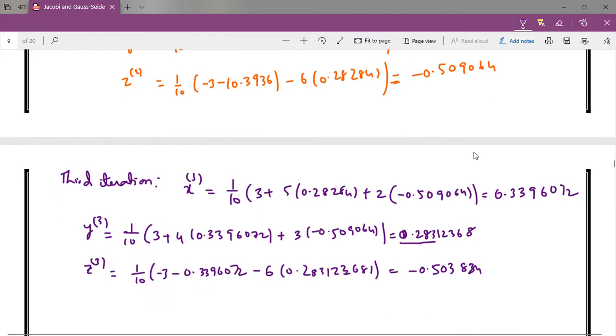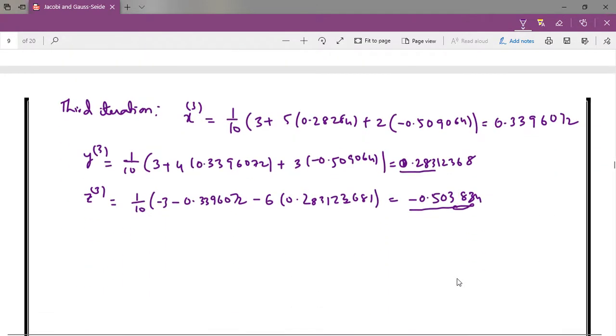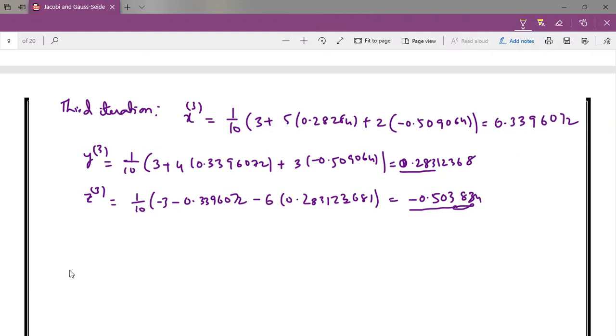Now let us concentrate on z2. z2 is minus 0.509, whereas it is 0.503. So still the convergence is required. So let us go for one more step. Then I think we may arrive at the required convergence. Okay. Yeah. So now the fourth iteration.